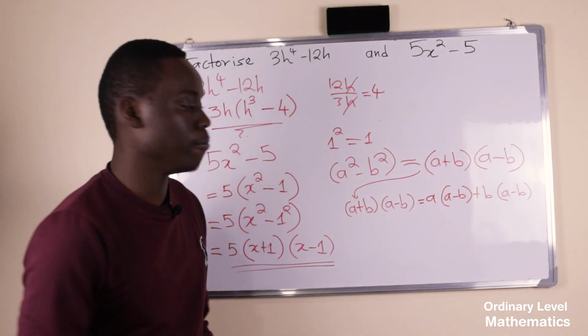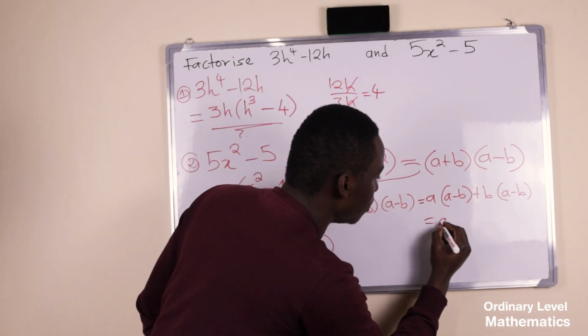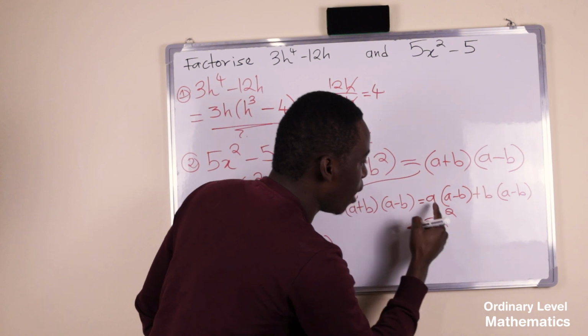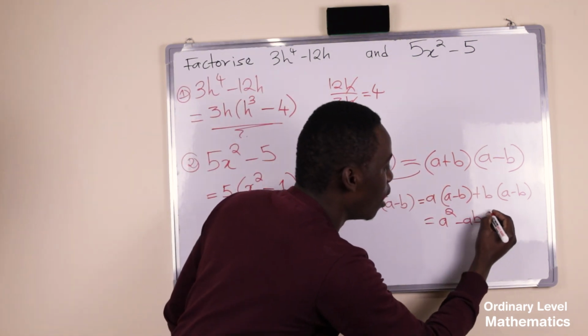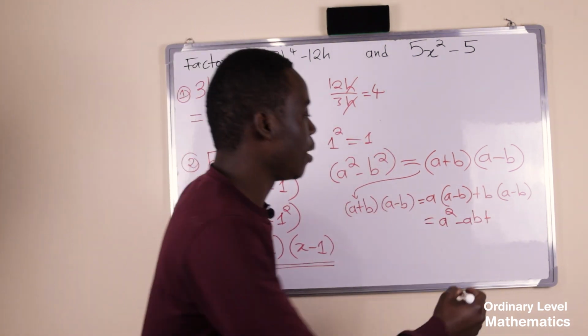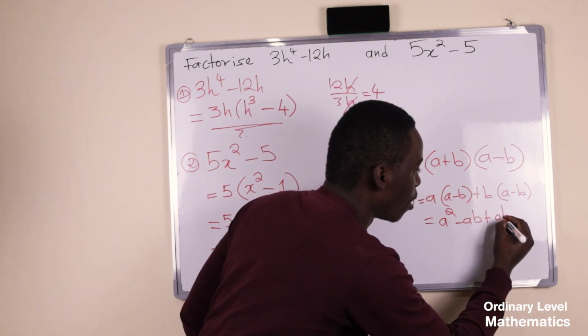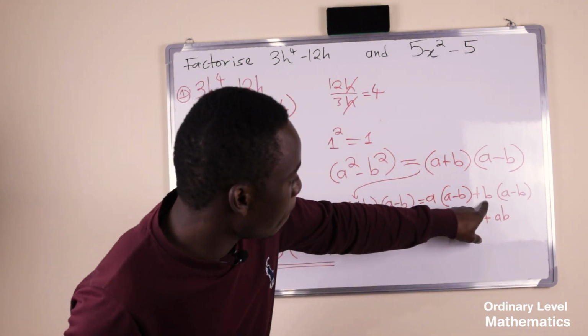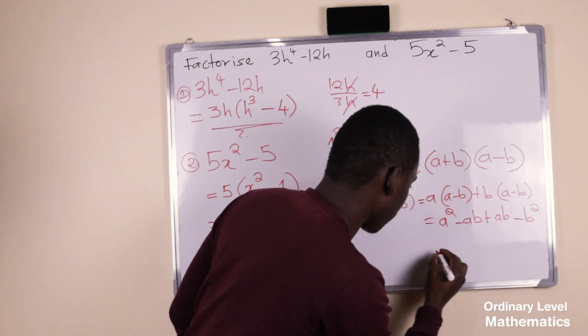Now let's expand it. This would be a times a is a squared, a times negative b is minus ab, plus b times a is ba, which is ab, similar thing, and b times negative b is negative b squared.